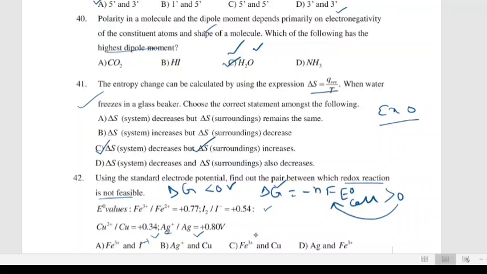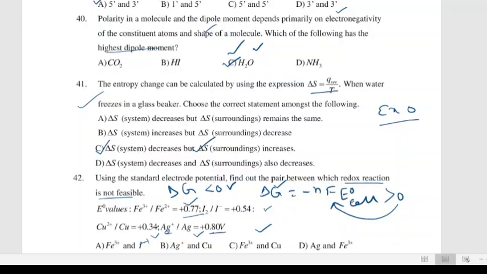Fe plus 3 and Cu, 0.77 minus 0.34, no doubt it is also possible. And what about Ag and Fe plus 3? Ag is 0.8 and Fe plus 3 is 0.77. Yes, no doubt it shows the difference as positive, but as they are almost the same, there is not much positive value for the E naught.